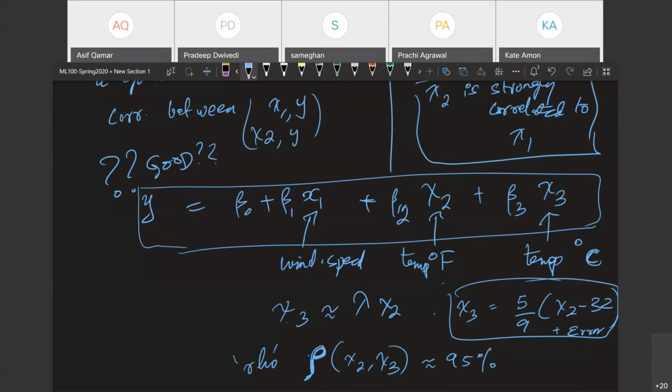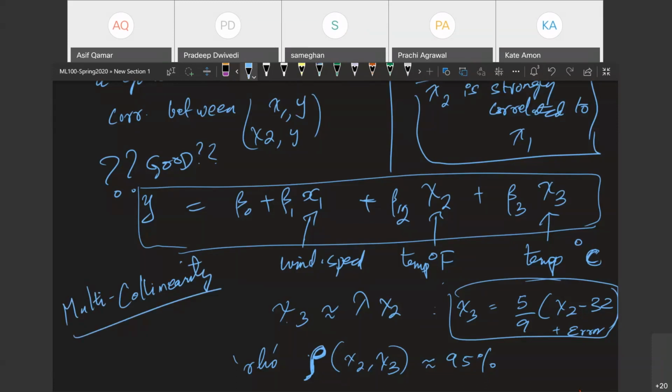So now comes the question, what is the harm in keeping it? And therein is a problem. When this is true, this is called collinearity, or your book calls it collinearity. The more general term is multicollinearity. So first of all, guys, do we understand the meaning of collinearity or multicollinearity?